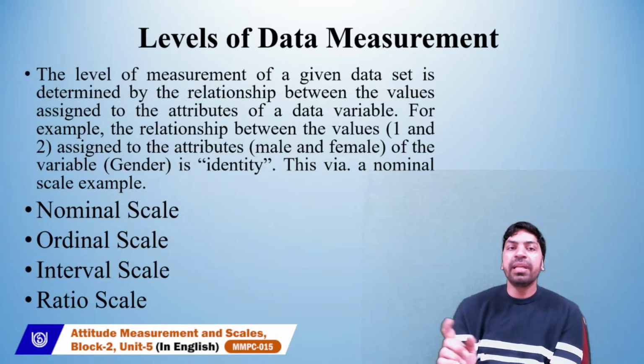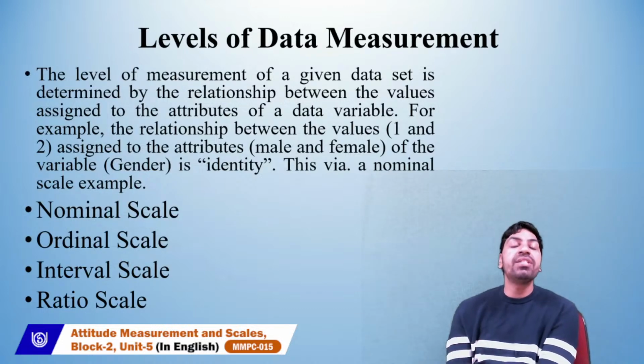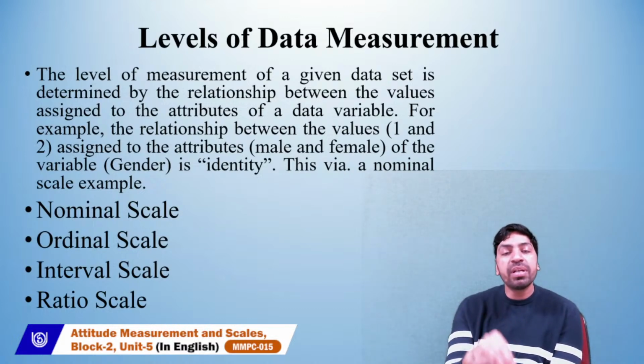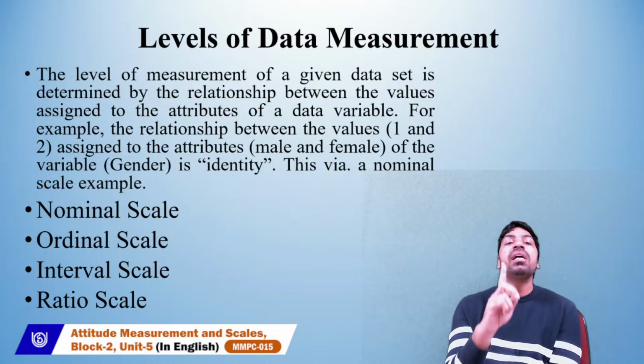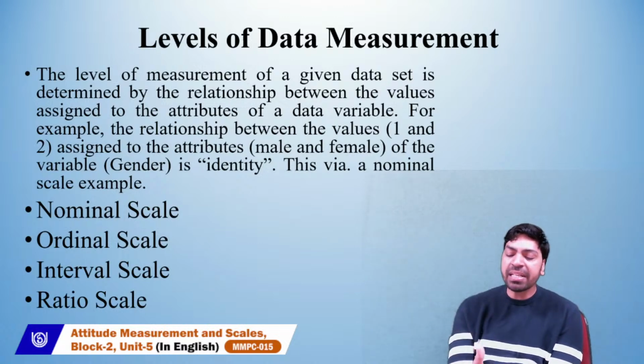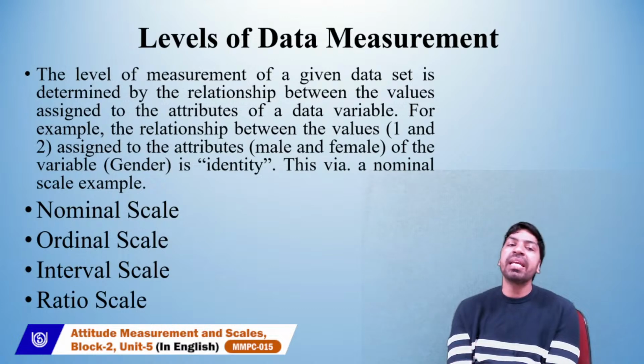There are four levels of data measurement, and the level of measurement of a given data set is determined by the relationship between the values the researcher assigned to the attributes of a data variable. That is called the level of measurement. For example, the relationship between the values 1 and 2 has been assigned to the attributes male and female.